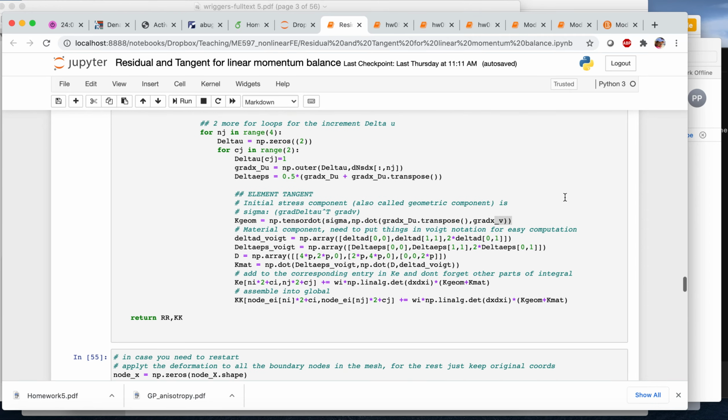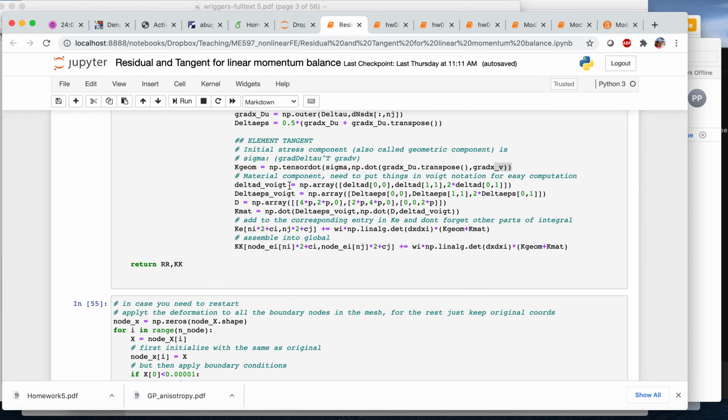If you come back here, you'll see I put the symmetric velocity gradient in Voigt notation, so that just has 3 entries, and then it needs these 2 for the contraction to be accurate. And then I also put this delta epsilon, or delta strain, in this Voigt notation.